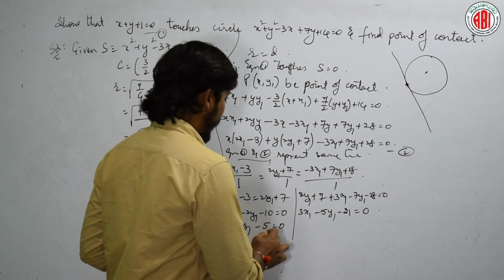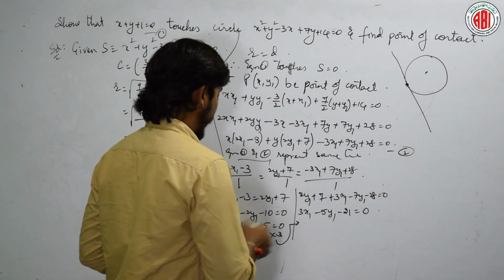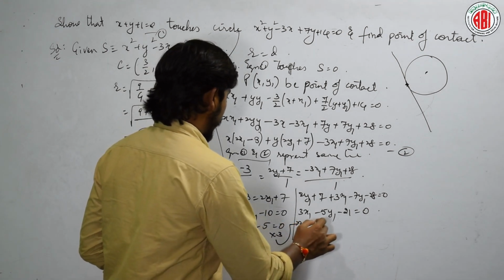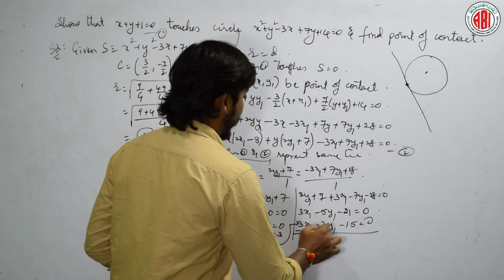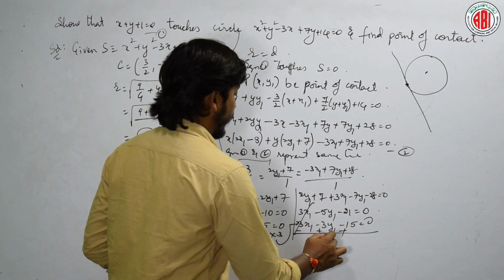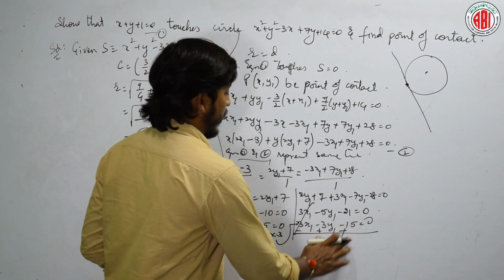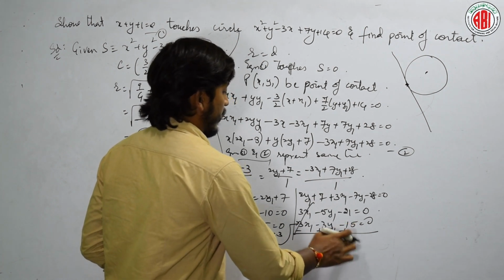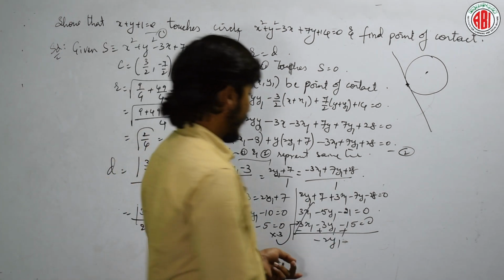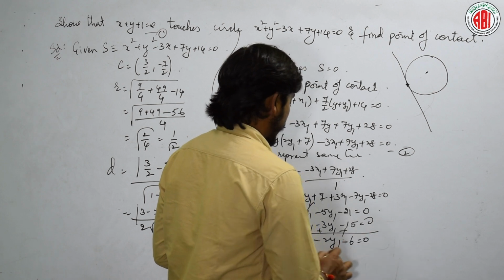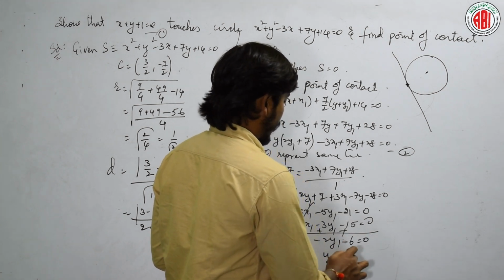Okay, I am writing everything directly. Multiply 3 to this and write here 3x1 minus 3y1 minus 15 is equal to 0. Subtract. 3 minus 5 is minus 2y1 and here 15 minus 21, that is minus 6. I will directly get y1 is equal to minus 3.